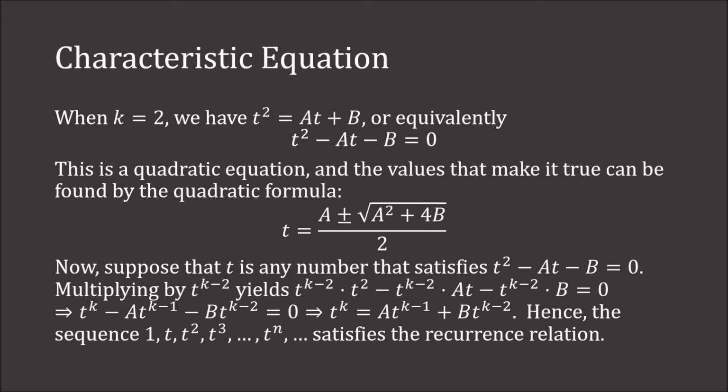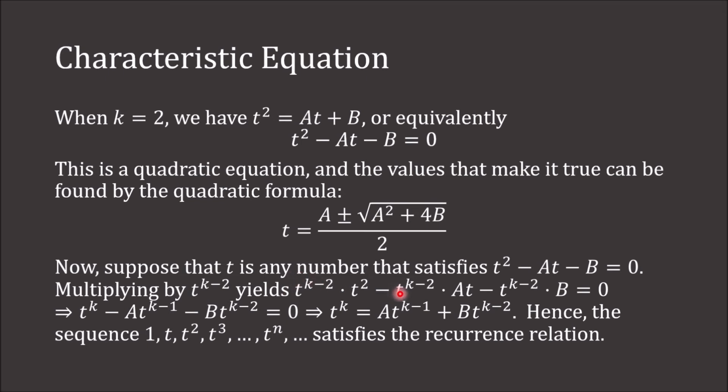Multiplying by t to the k minus 2 yields t to the k minus 2 times t squared, minus t to the k minus 2 times at, minus t to the k minus 2 times b, is equal to 0. If we simplify, this term becomes t to the k.